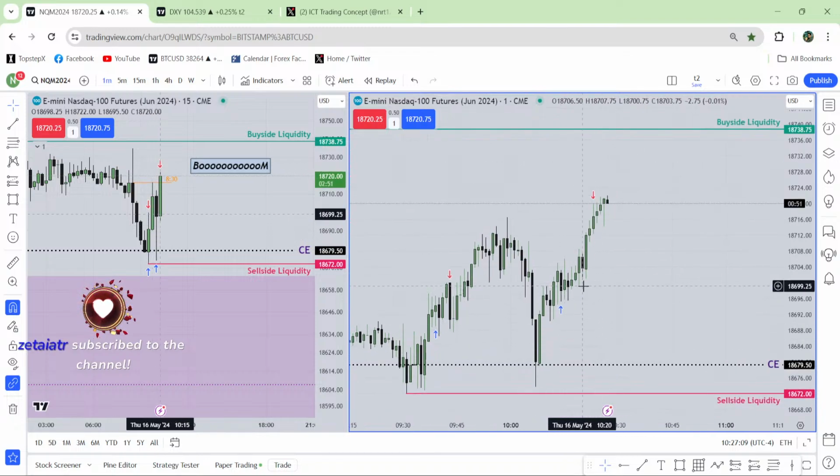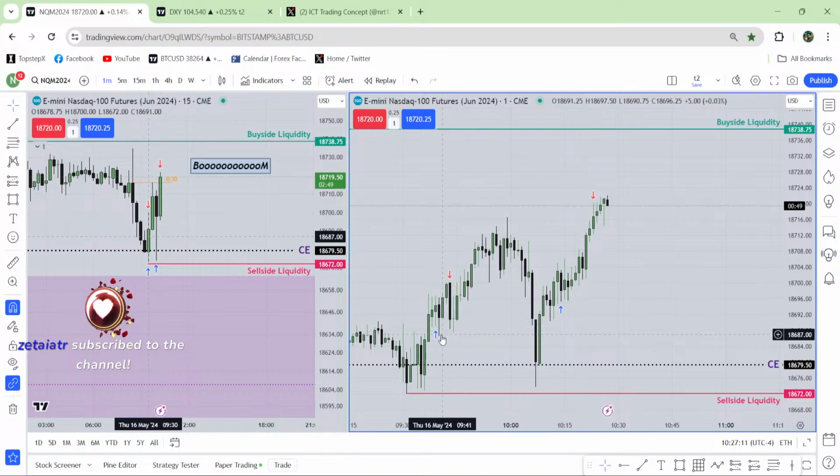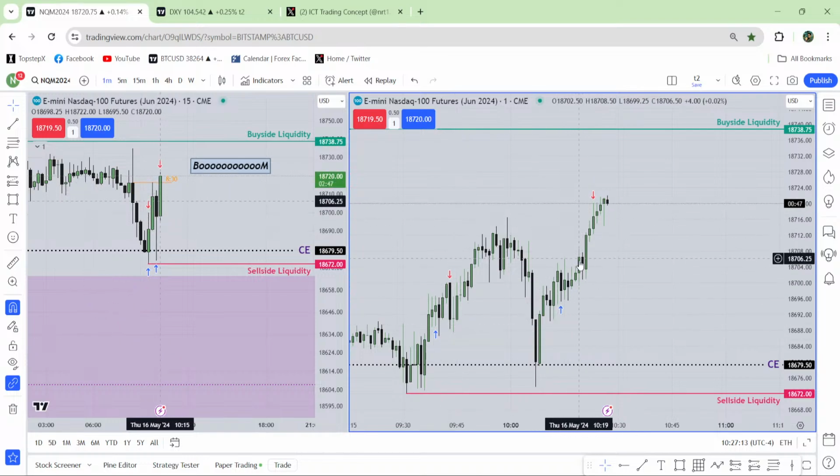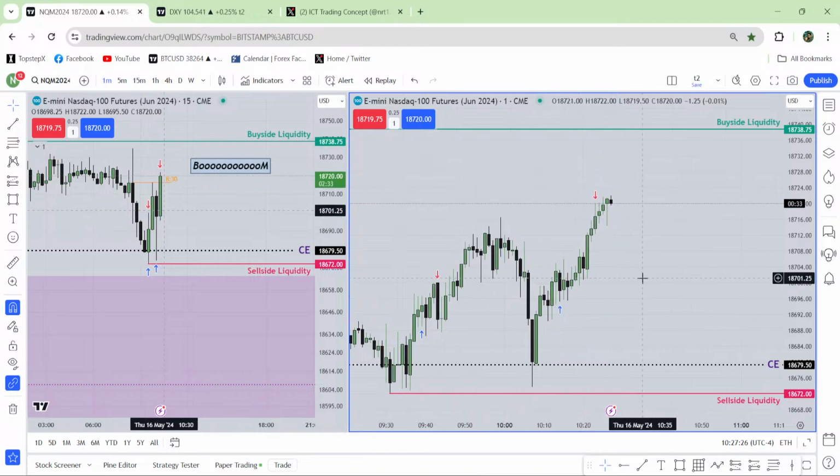Over here you saw that I trailed my stop loss the same way I trailed over there. Now here there was a little precision, the market respected the level a little more perfectly, so it didn't hit my stop loss, and it worked perfectly. I'm happy to see that. This is my trading style. I am not telling you to follow me. At least I will recommend you not to follow my trade management because it's worse. But I'm okay with that.